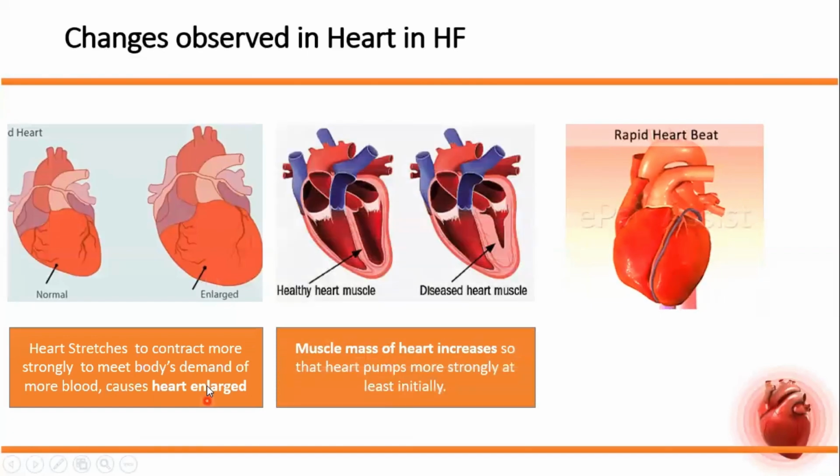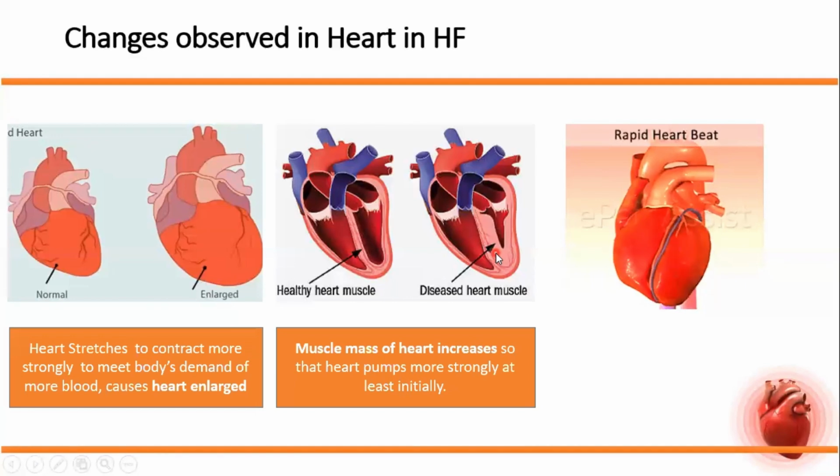Another change you will find is the increased muscle mass of the heart. Now you will see this is a normal heart where the muscle mass is limited, whereas in case of a diseased heart, the muscle mass increases. Again, why is there an increase in muscle mass?